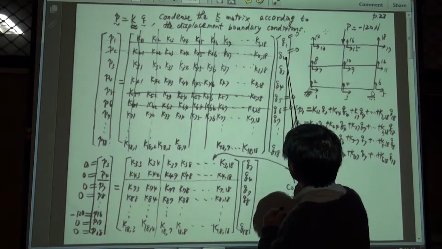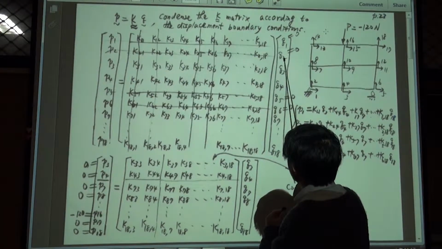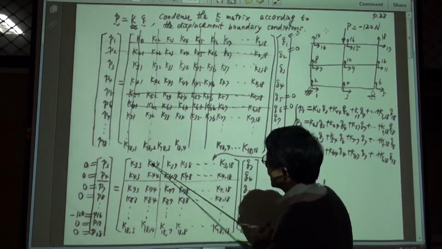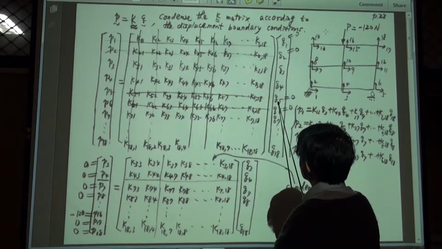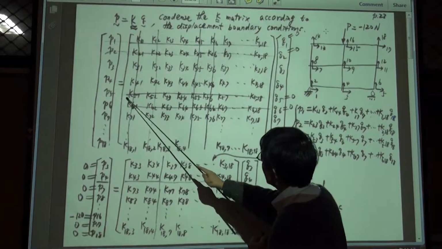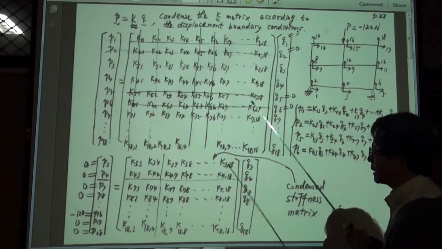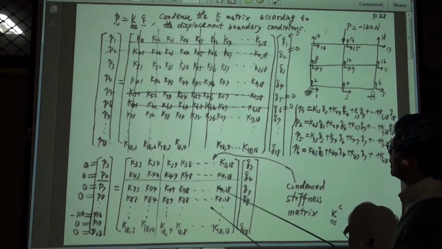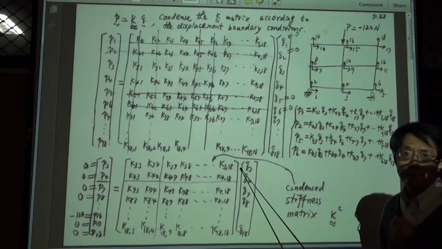The second nodal displacement is known, so the second row is deleted, so the second column is deleted. Okay, Q5 is known, equal to 0, so this should be deleted and this should be deleted. Okay, after such kind of deletion, elimination, this big matrix will become 14 by 14.